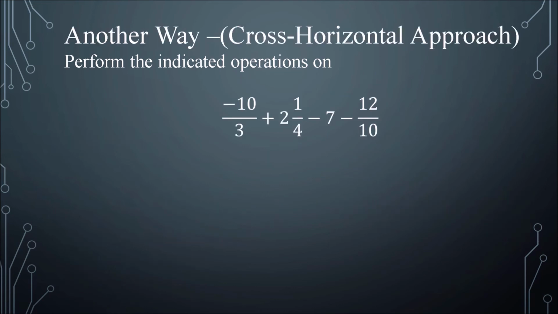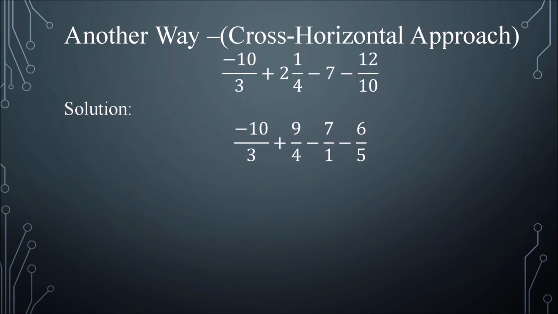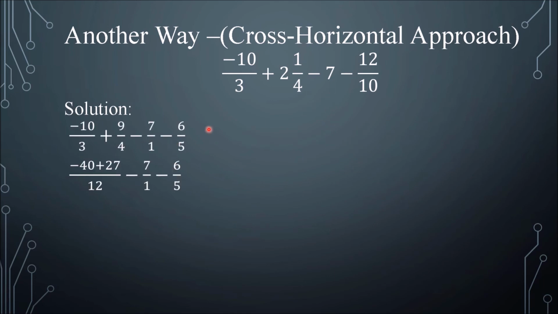Now let's have the other way, the cross-horizontal approach. Perform the indicated operations on negative 10 over 3 plus 2 and 1/4 minus 7 minus 12 over 10. So first, do the same thing. 2 and 1/4 becomes 9/4. 7 becomes 7 over 1, and then 12 over 10 becomes 6 over 5.